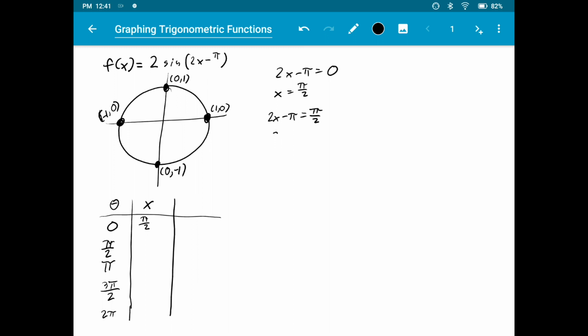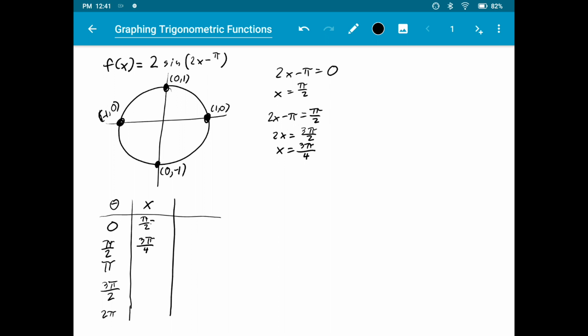So 2x is equal to 3 pi over 2, or x is equal to 3 pi over 4. These are going to be evenly separated, because the same change in x is going to give me the same change in the angle.